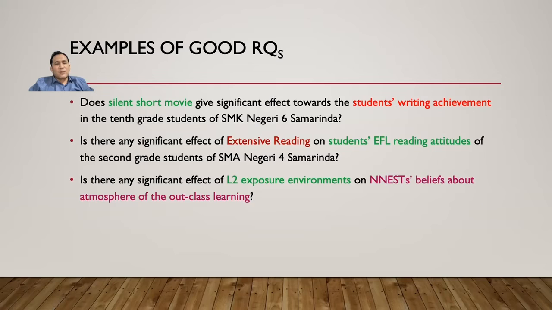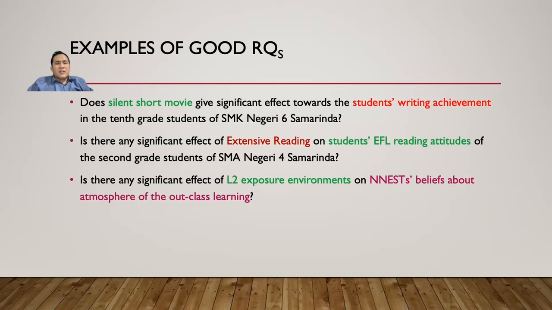For example, if you want to make a survey on the conditions of English courses in Samarinda, then you are talking about a one-variable question, like what is the condition, what is the teachers' quality, what are the infrastructure and class facilities, what is the IT, and so on. So you try to find several things, and they would be answered by giving a questionnaire instrument to the English courses in Samarinda.